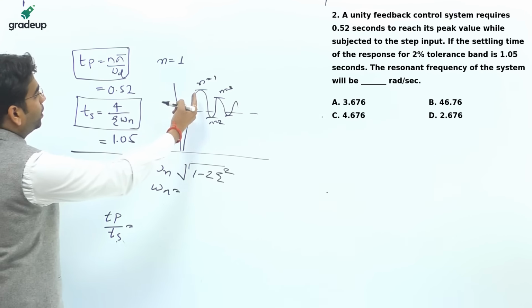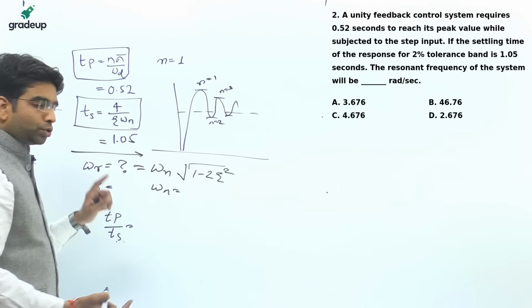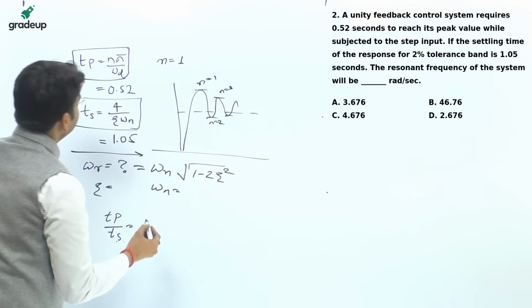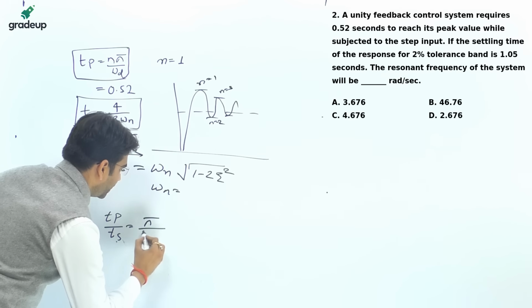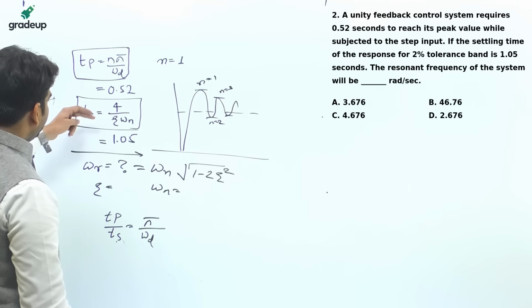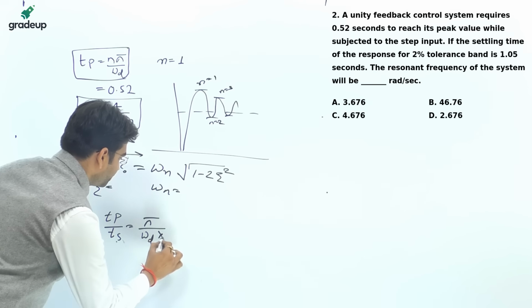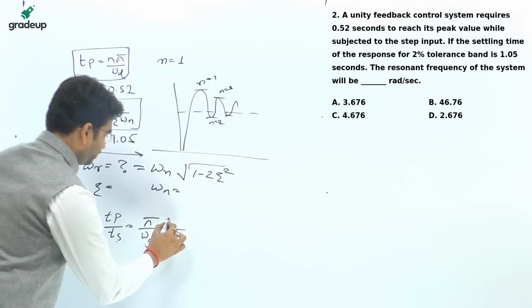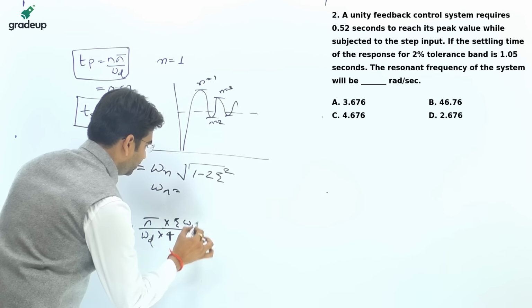N is equal to 1 for the first peak time, meaning the first overshoot it is saying, okay. So it will be pi by omega d, and the Ts value is 4 by zeta omega n.